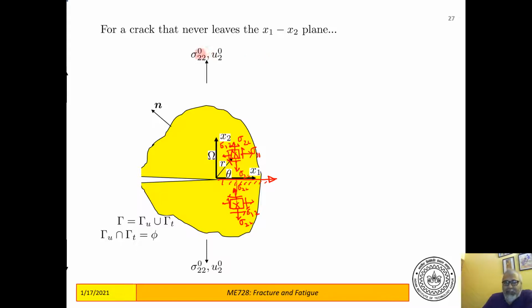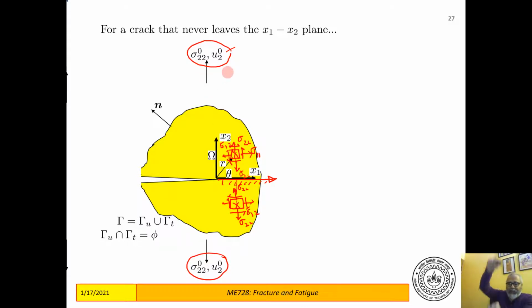can be realized if we apply only a sigma 22 at the remote locations, remote boundaries far away from the crack tip, or we only apply a displacement in the 2 direction at the remote boundaries. If we do either of this, either we apply sigma 220 or u20 at the remote boundaries, this crack will only open, and the top face will open as much as the bottom face because these two are equal.